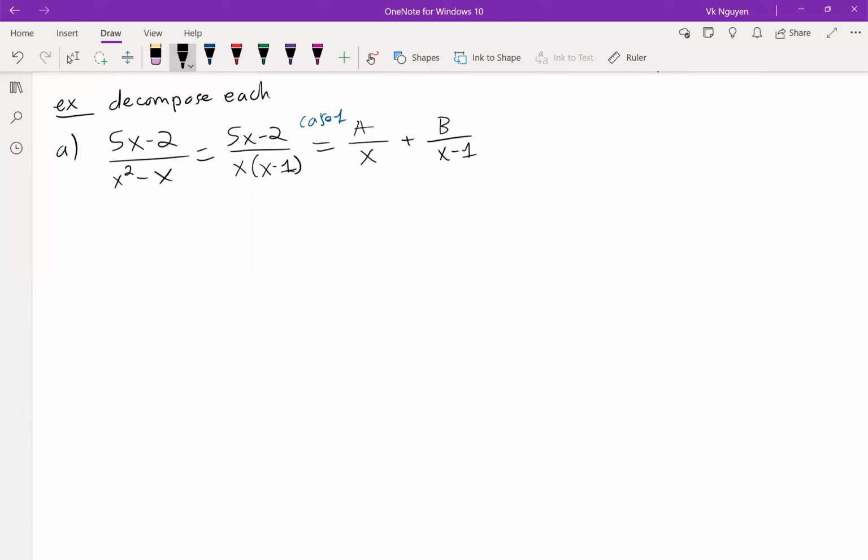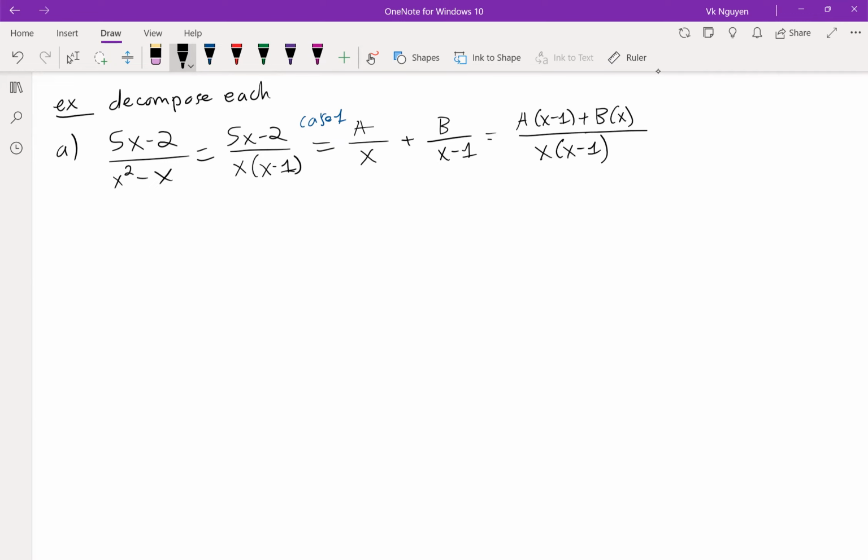So now do the LCD. And this would be a times x minus 1 plus bx over x times x minus 1. Right.